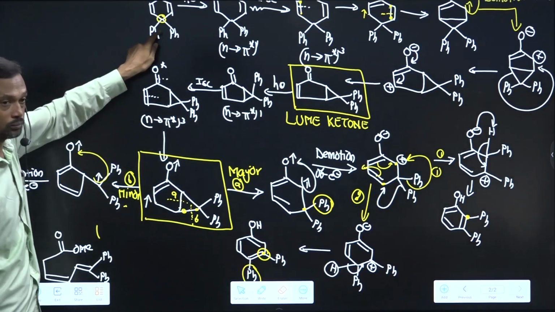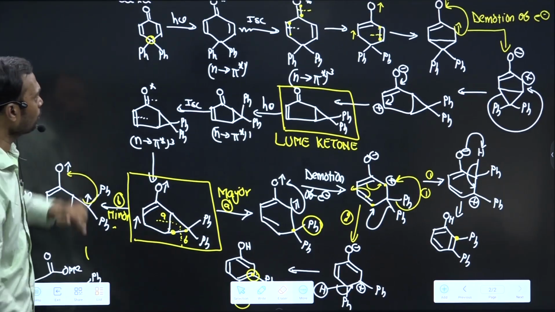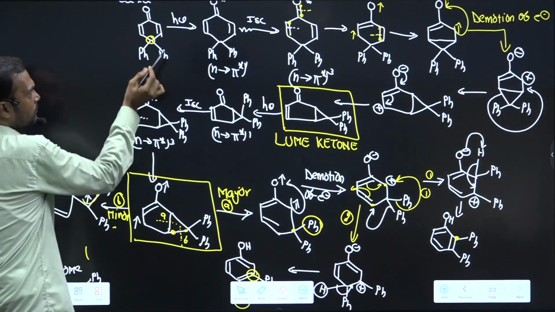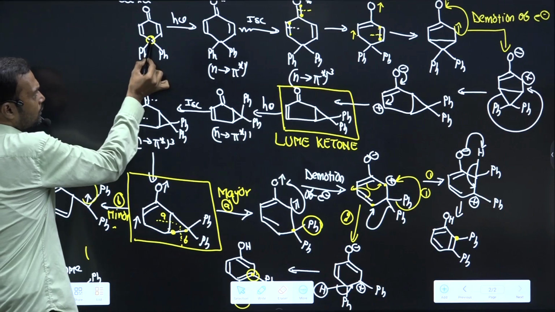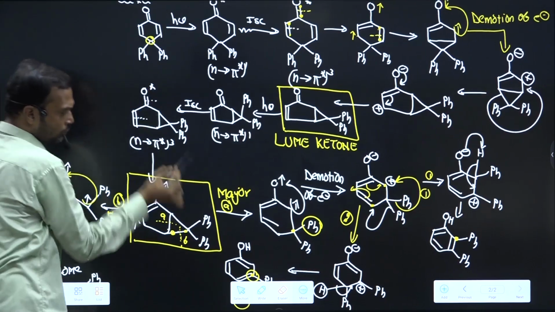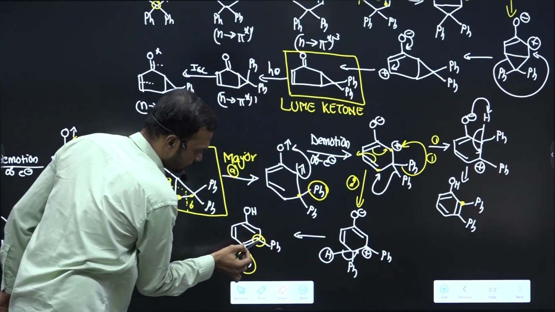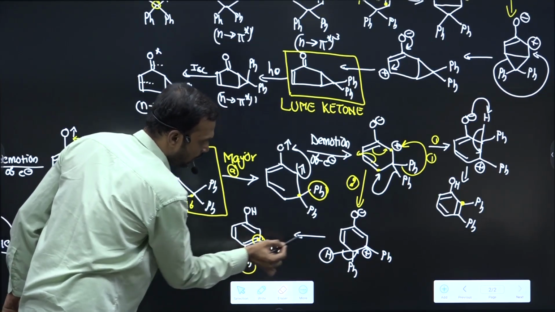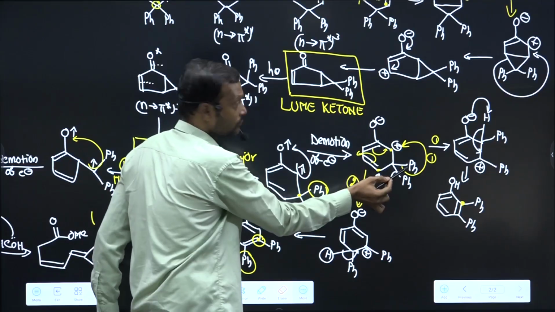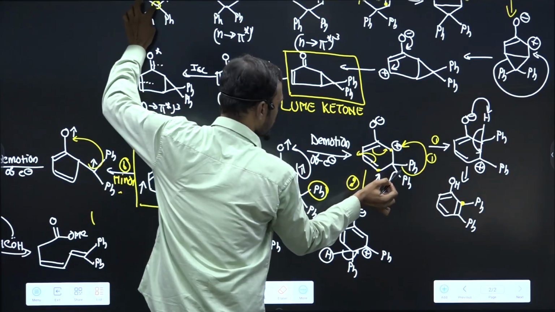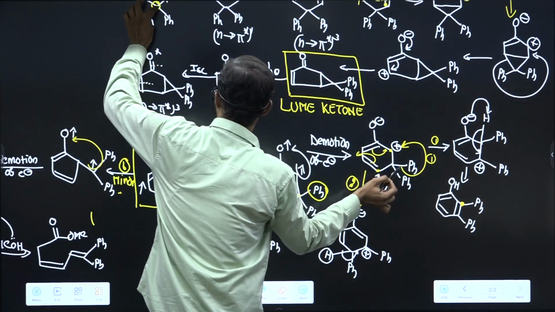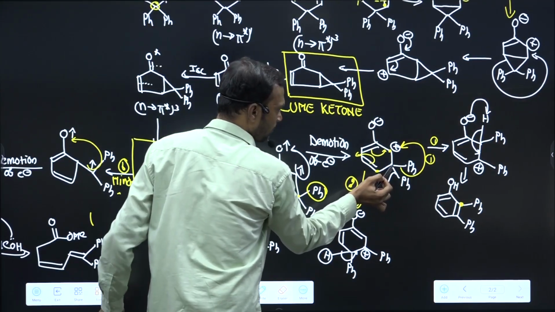First you take the dienone. You focus on this carbon. This carbon comes from here to this position. Here to here. So initially this carbon carries two phenyls, right? Initially para position, now it is at which position? Meta.